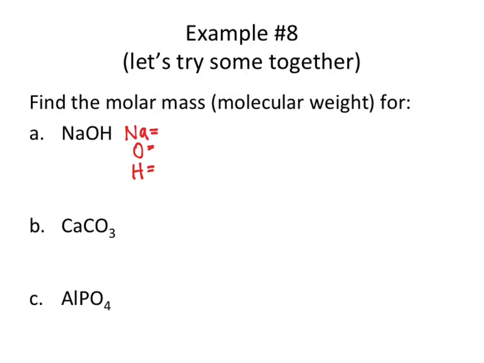Sodium, we're going to 2 decimal places, 22.99. And I only have one of them, so I'm just going to leave it alone. Oxygen is 15.999, so it's 16.00, and there's only one of them.